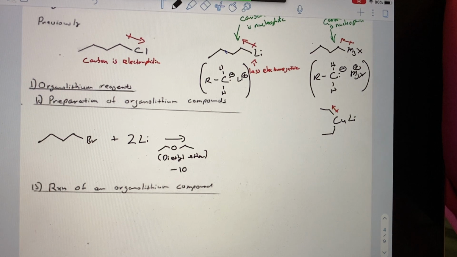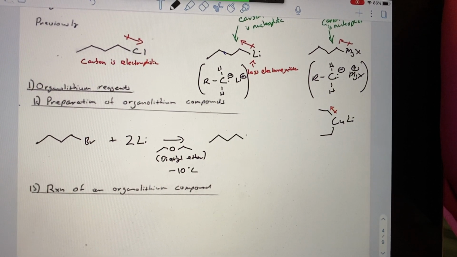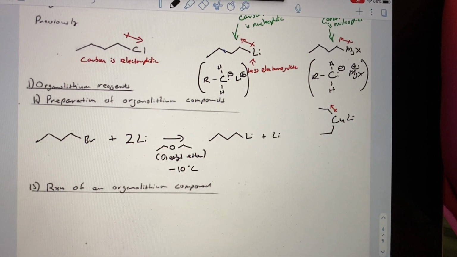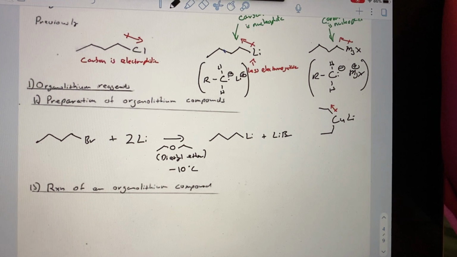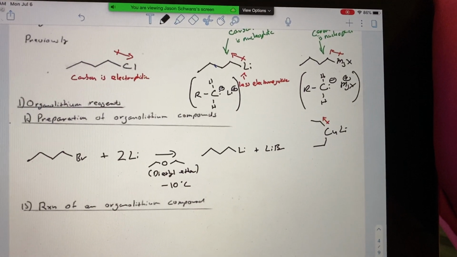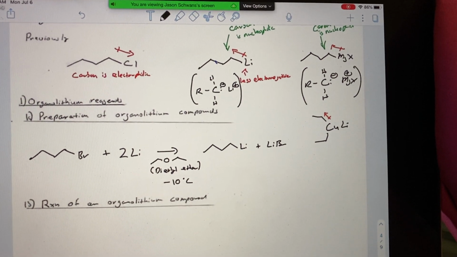This is done at a slightly lower temperature, minus 10 degrees Celsius, and this is used to make this lithium species. And then to balance this, it's going to be plus lithium bromide. Now, there are lots of other organolithium species that can be made, but let's just stick with this one.